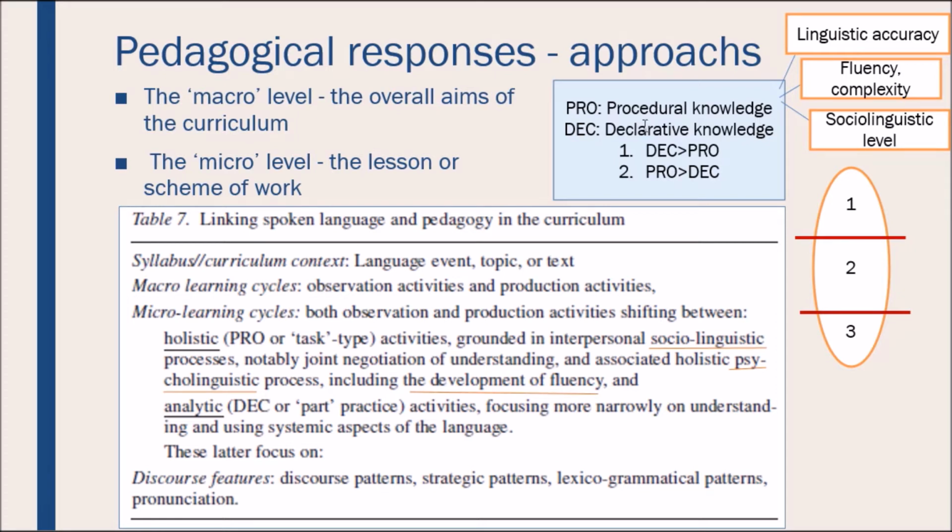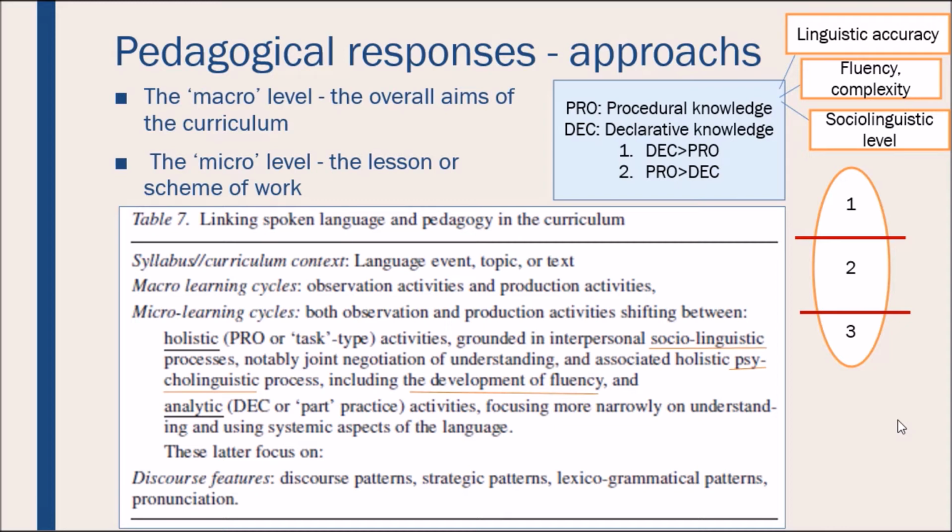Now, the other thing that I would like to stress here is that at a micro level, the procedural knowledge refers to some holistic activities that are grounded in interpersonal sociolinguistic processes, according to Gates. Notably, joint negotiation of understanding and associated holistic psycholinguistic procedures in the knowledge, which includes the development of fluency, but not only fluency, but also complexity.